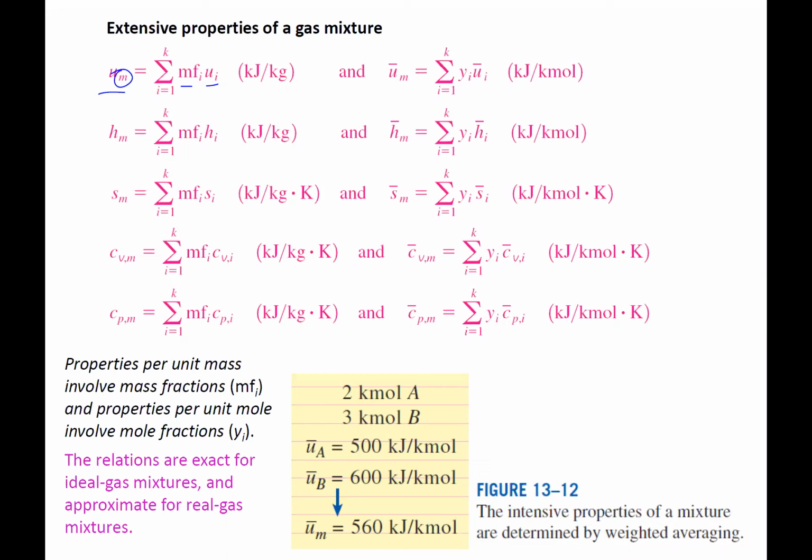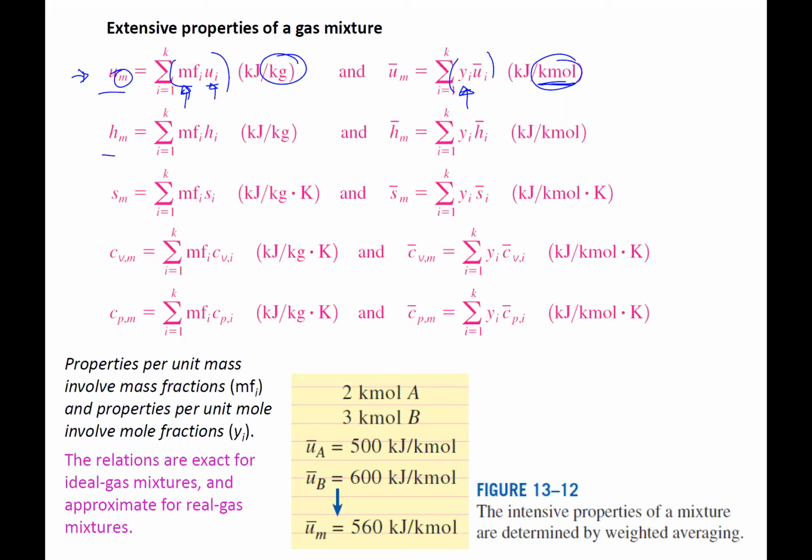The easiest way to remember this is: if the property you're looking for is per kilogram, so per mass, you use the mass fraction. If the property is per kilomole, you use the mole fraction. So it's the individual component's mass fraction times its per unit mass internal energy, or the individual component's mole fraction times its kilojoules per kilomole, and then you sum it all up over each component to get the mixture.